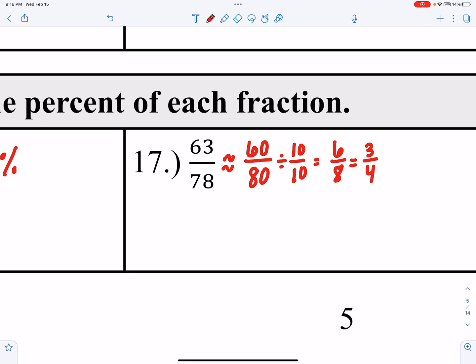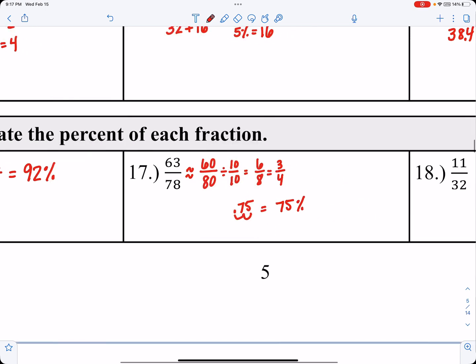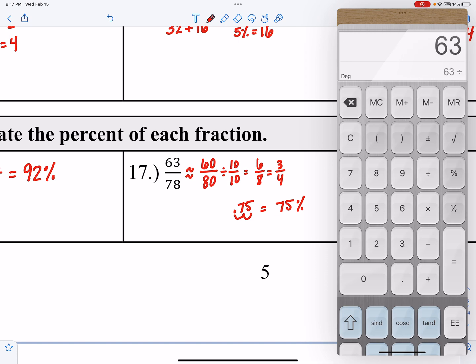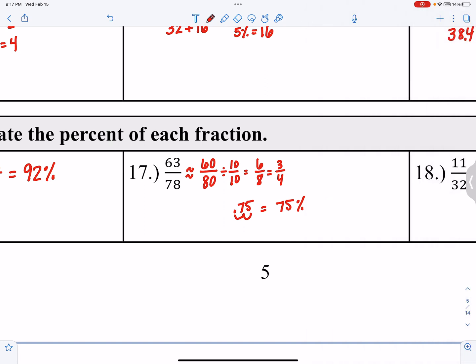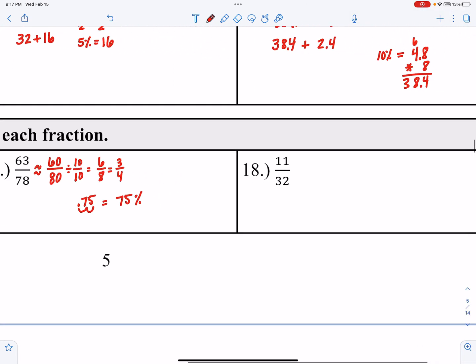Okay, and oh, I know 3/4 as a decimal. That's 0.75. And so we move it 2 spots to the right or multiply by 100, and we have 75%. Okay, so let's see how close we were. 63 divided by 78 is 0.80. Move it to the right 2 spots, and we're at 80%. So we really were pretty close with our estimate, and that's all those are.